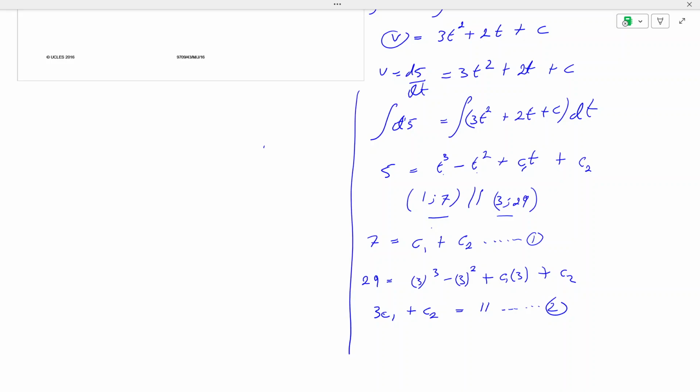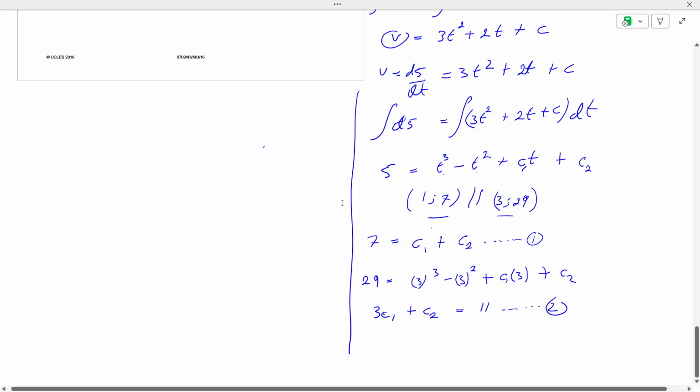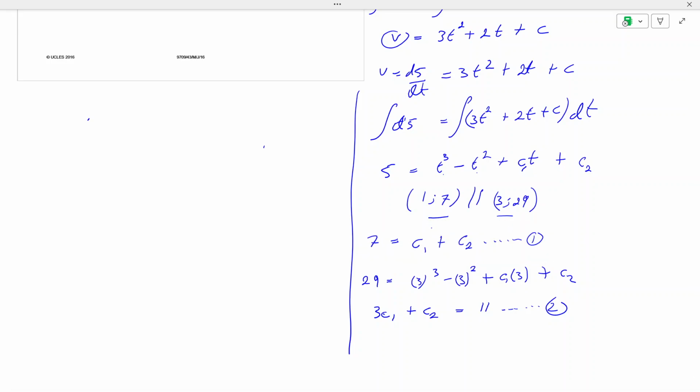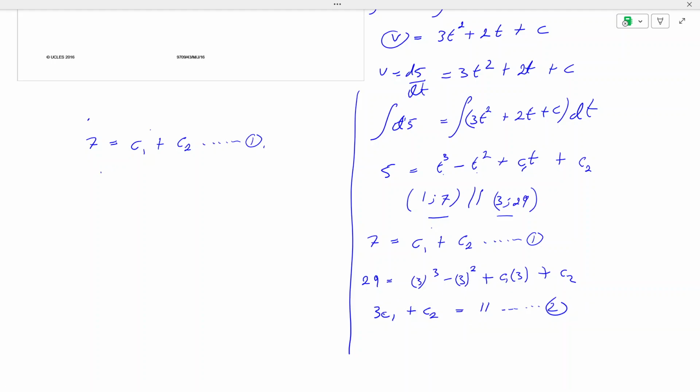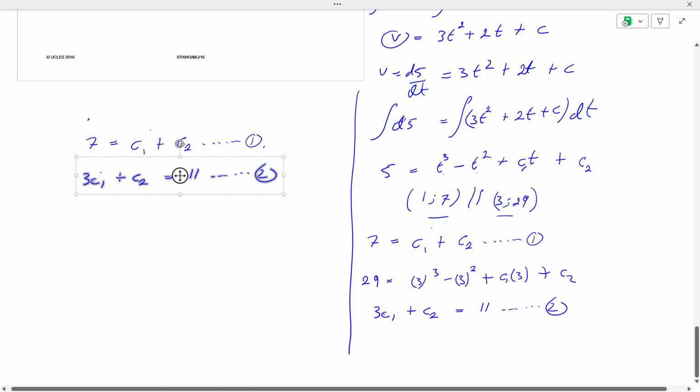Then I can solve these two equations simultaneously. Okay, so I have this equation, and I also have this equation like that. Okay, then I'll solve those two simultaneously.